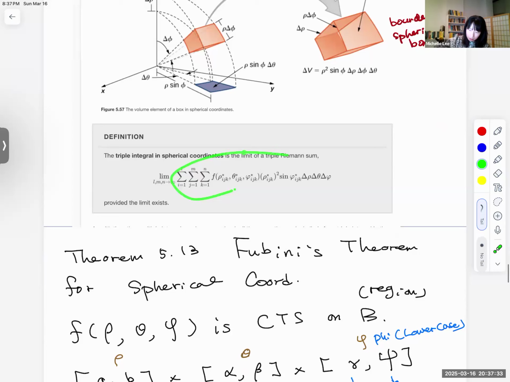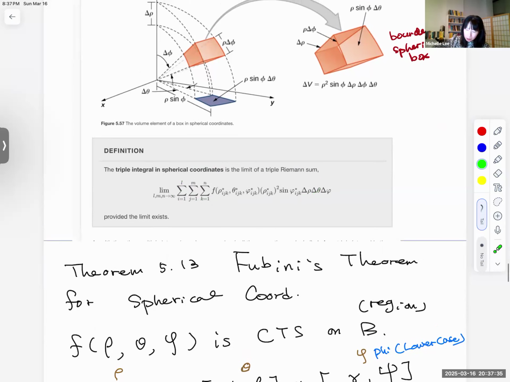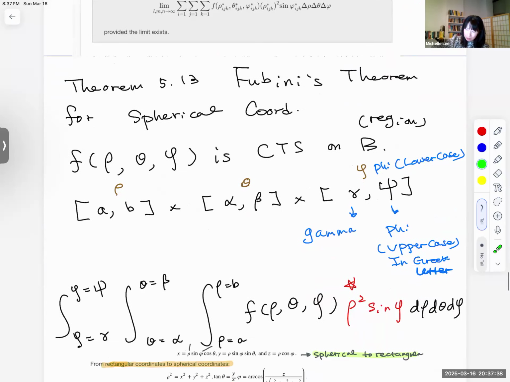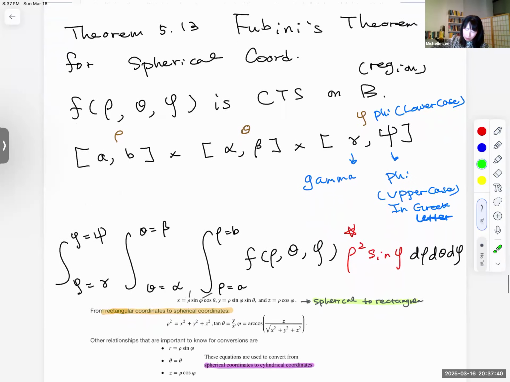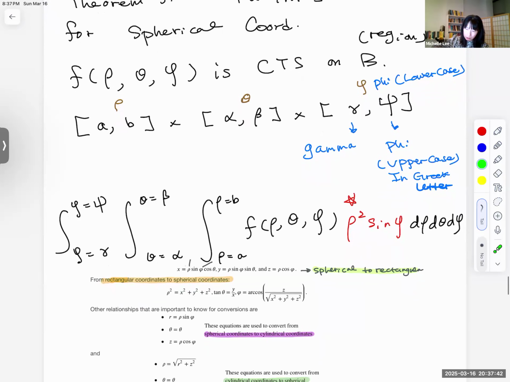Okay, so remind us here, right? But take a look, they added, oh, there we go. This is the uppercase phi.